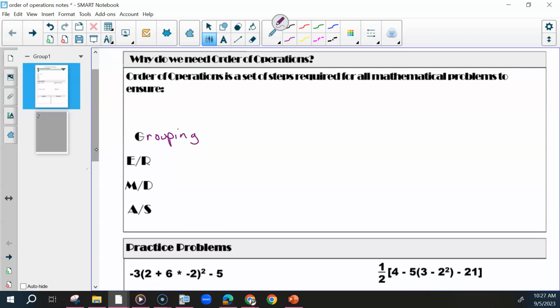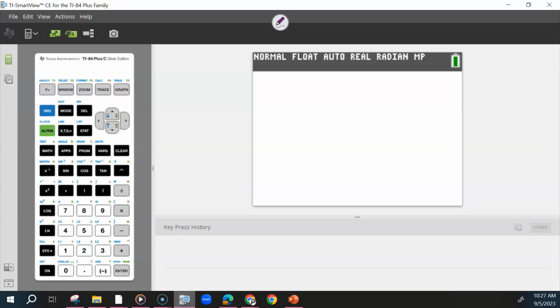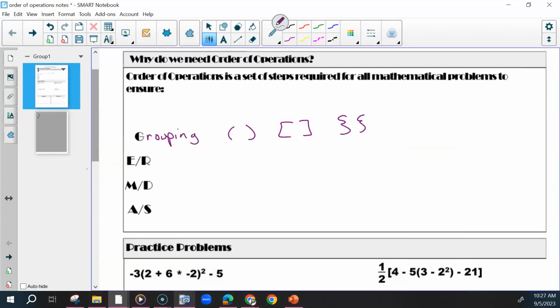Grouping is all of your different types of grouping: parentheses, square brackets, curly brackets. One of these is going to look right, the other is not. If you want to look at your calculator and look right above the parentheses, that's what they should look like. Mine don't ever. But also absolute value bars. All of those are different groupings.